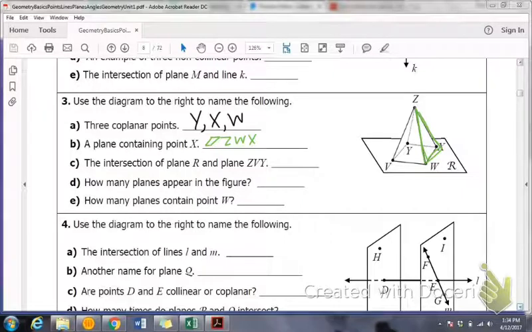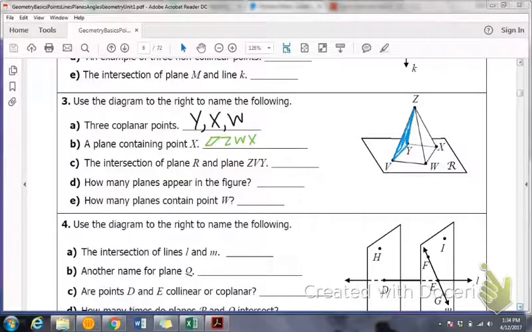Okay, where does plane R intersect plane ZVY? This is a great question. So where does plane R, which is that bottom plane, intersect ZVY? ZVY is over here on the side. Where does that side plane intersect plane R? Jonathan, what do you think?